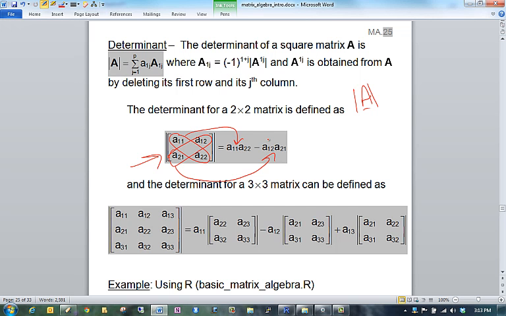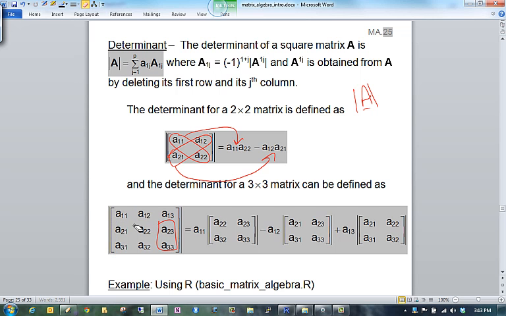For a 3 by 3 matrix, you do something very similar. You start with A11, and then you take the determinant of this part of the matrix. Then you subtract A12 times the determinant of a matrix formed by these two vectors.